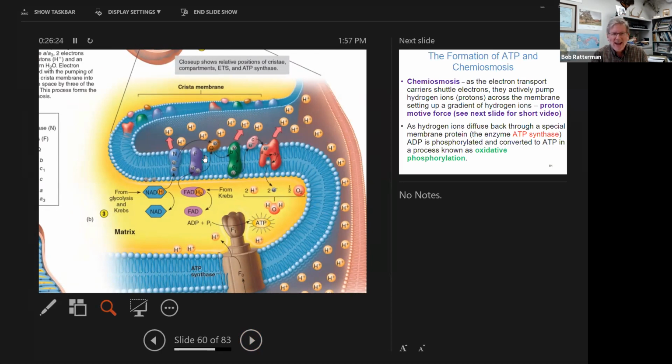Now, when you look at this as a whole, what does this remind you of? Phospholipid bilayer, embedded proteins. That is what we defined as the what back in A&P 1 or Bio 1.